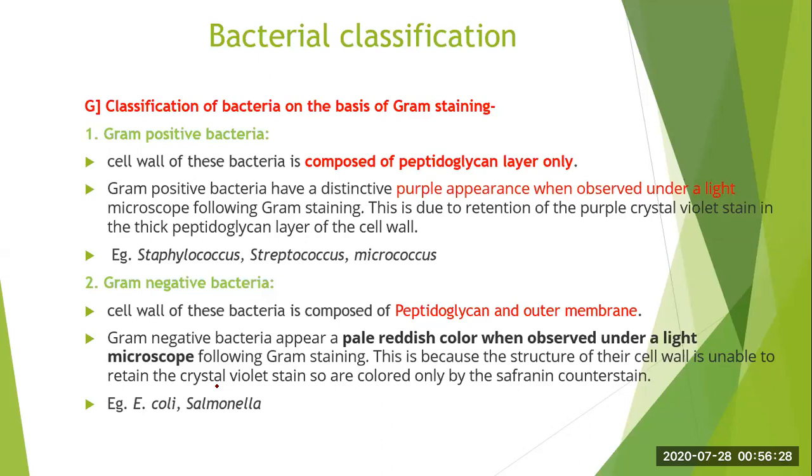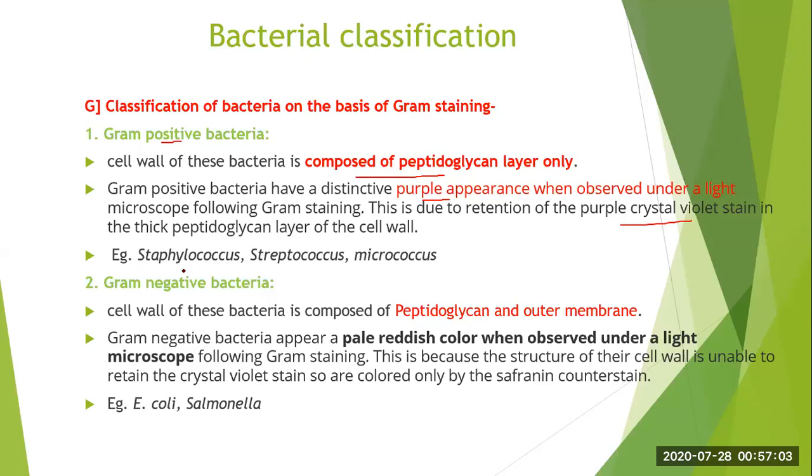Gram-positive bacteria are composed of a thick peptidoglycan layer, and this layer can retain the purple color of the crystal violet stain. So it looks purple as it just absorbs the color, and when checked under light, it looks purple.